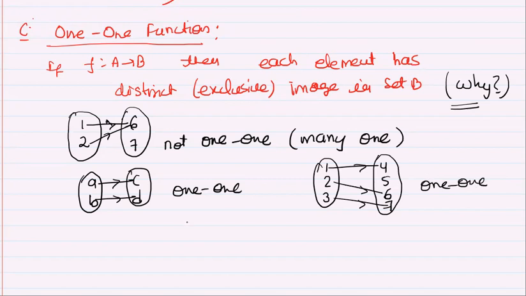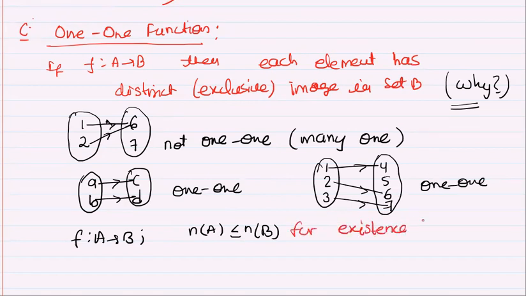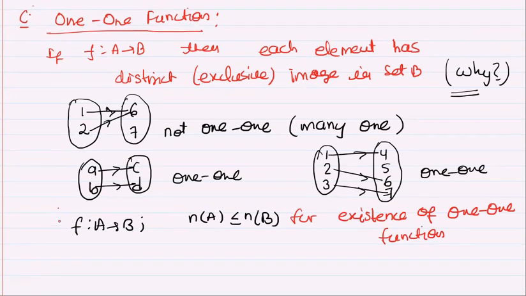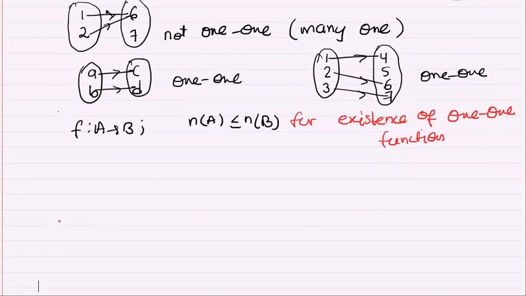Okay, so if the function is from set A to B, you know that n(A) less than or equal to n(B) is needed for the existence of a one-one function. Is that clear? Okay, fine, good. Otherwise a one-one function will not exist if n(A) is greater than n(B).